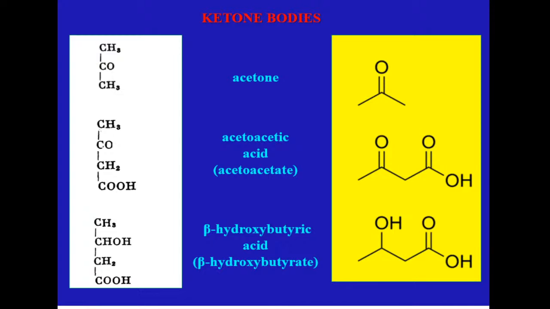These are acetone, acetoacetic acid or acetoacetate, and beta-hydroxybutyric acid or beta-hydroxybutyrate. Pay attention that only acetone and acetoacetic acid really have a keto group, and the name ketone bodies is absolutely true for them.